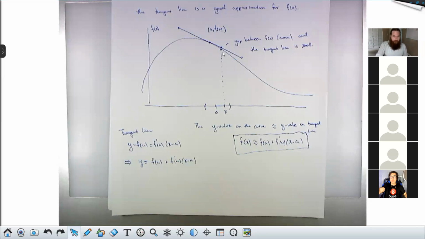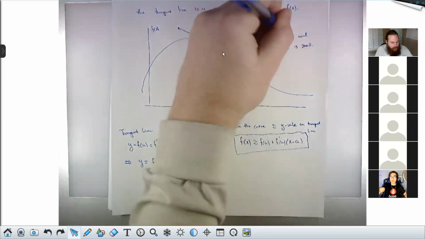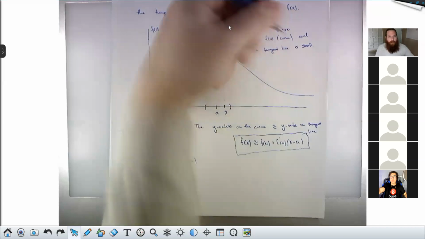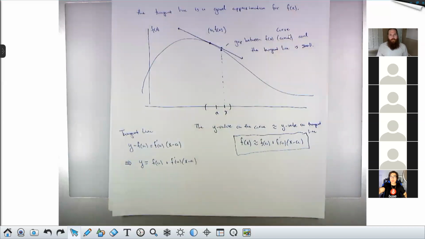That says gap between f of x, the curve, sorry. So yeah, the gap between f of x, which is the curve, and the tangent line is small. So the gap between the curve and the line is small.